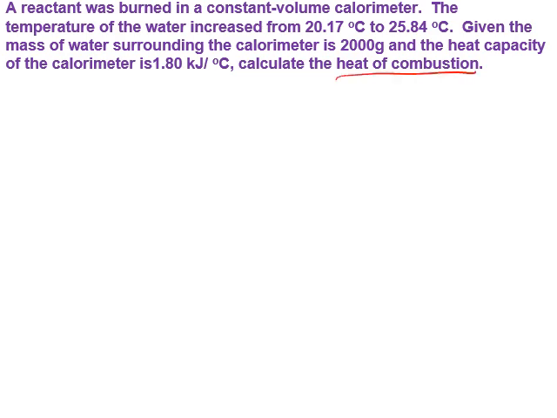So heat is Q, so I can just call this Q combustion. You can also name it Q reaction. One important formula: Q combustion is equal to negative of the bracket, Q water plus Q cal.